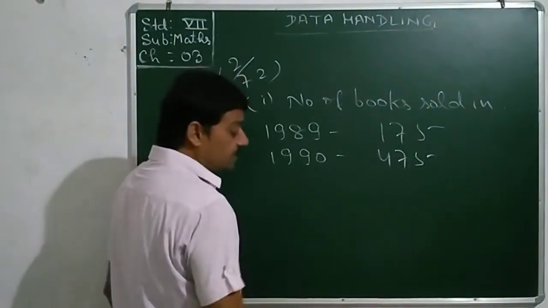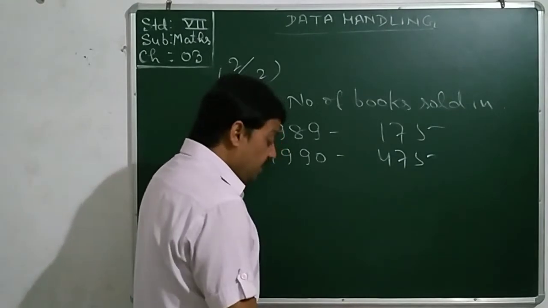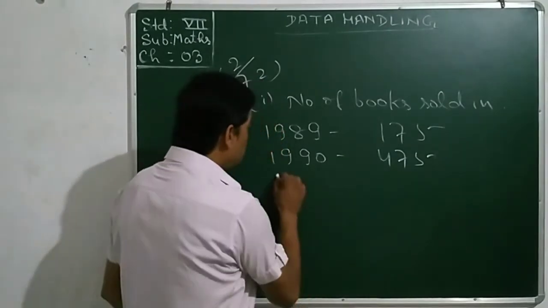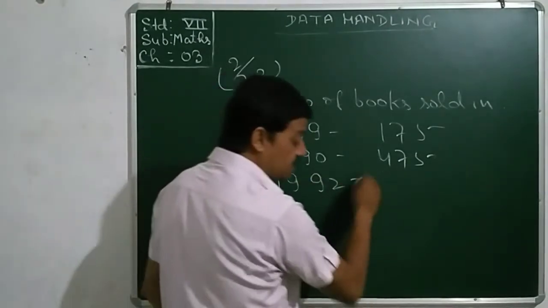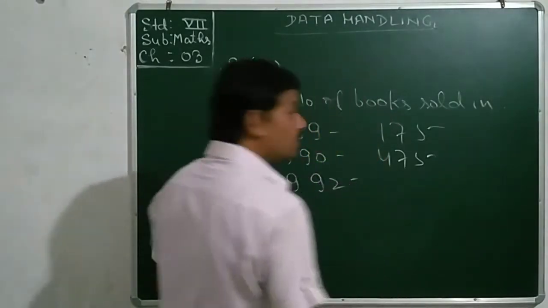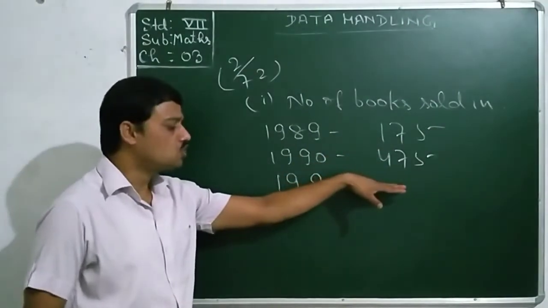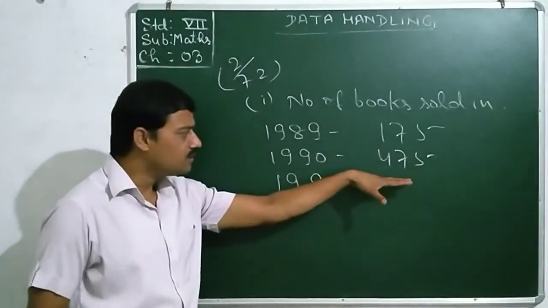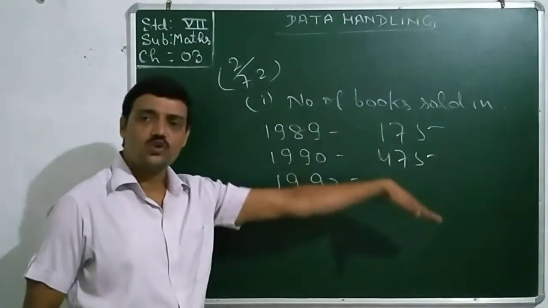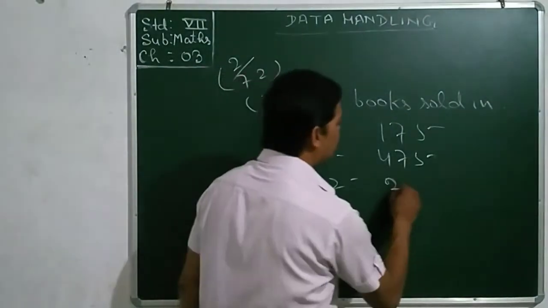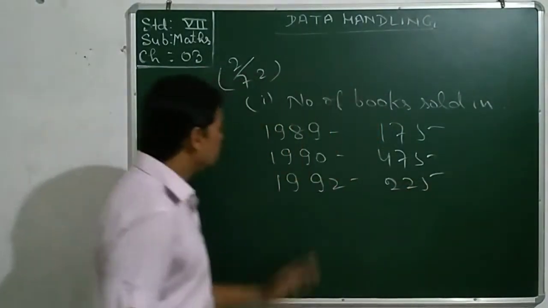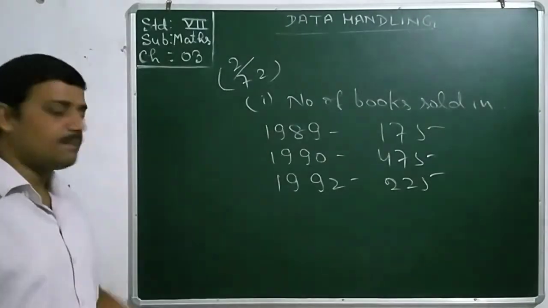In the year 1992 also, see what is given there. The bar has gone higher than 200 and has not reached 250, so we consider it as 225. The first question I have answered.